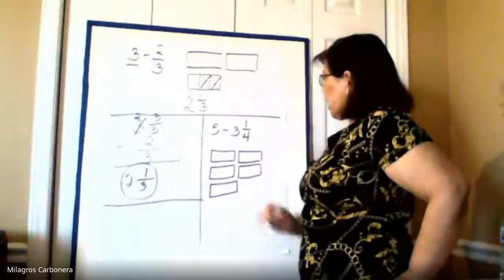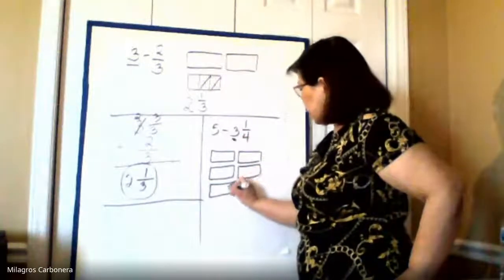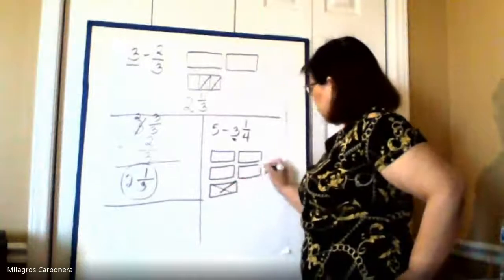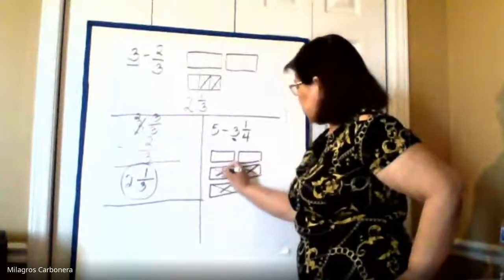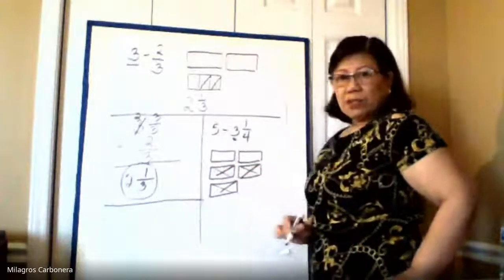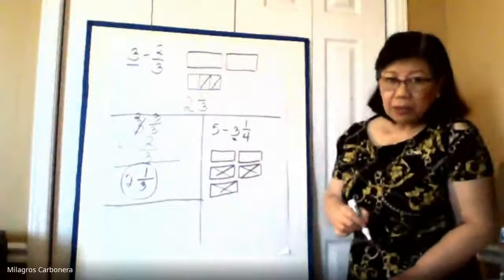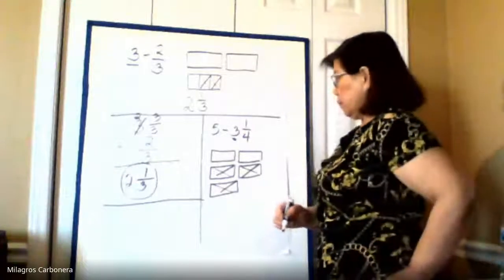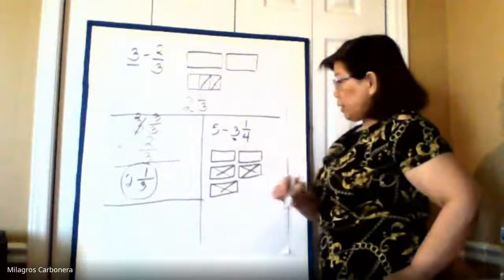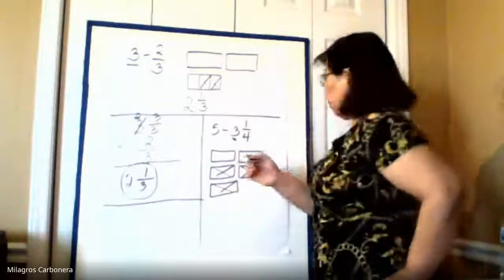I am going to take away 3 whole rectangles. I'm going to put an X here, and an X here and X here, meaning to say they're gone. So I have 2 whole rectangles left. But then I need to take away 1/4 of a rectangle. So one of my 2 rectangles, I am going to divide it into 4 equal parts.